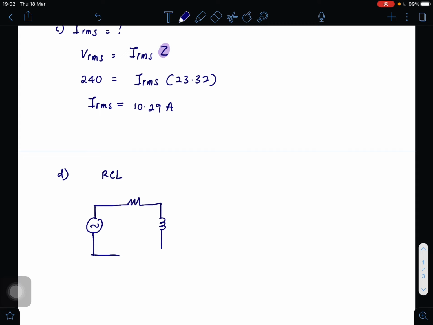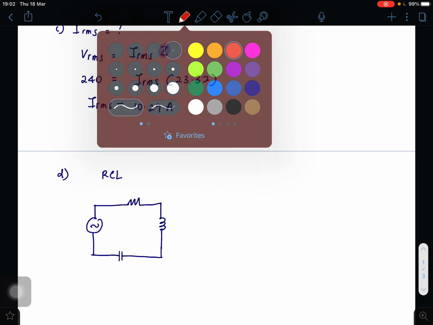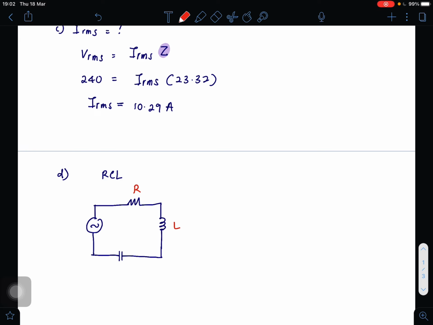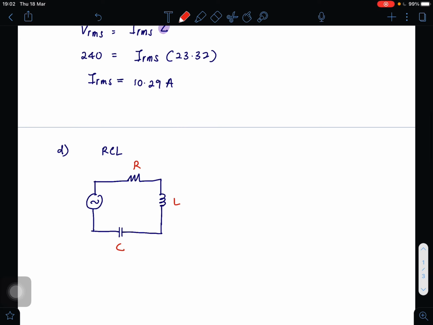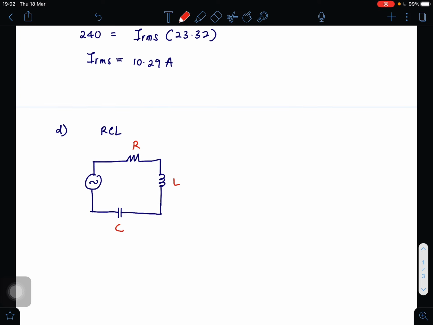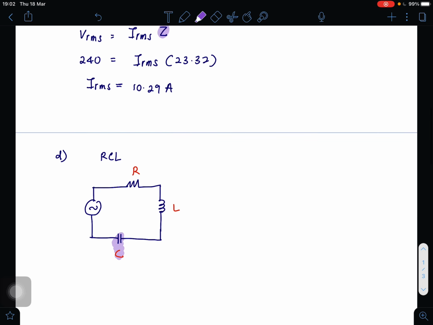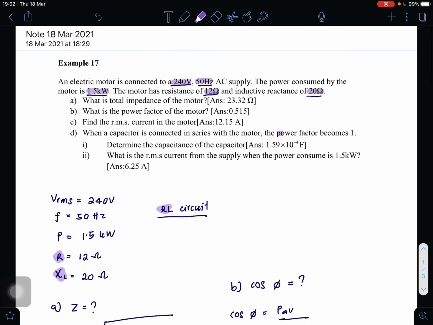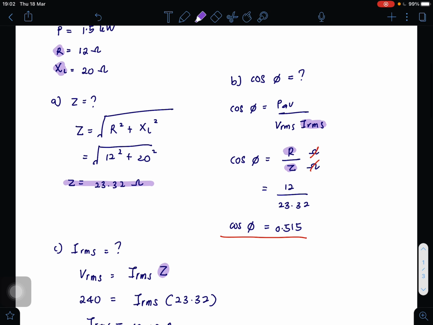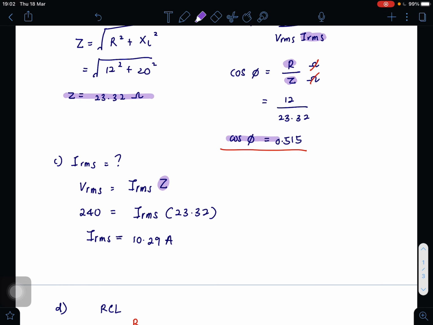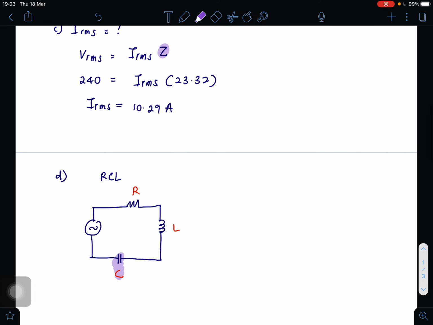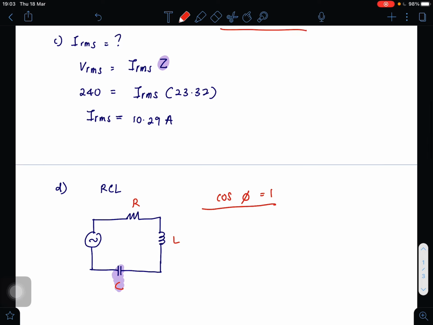And now kita connect dengan capacitor. And then dia cakap in series. So we have R, L and C. So now, bila connect dengan capacitor, power factor becomes 1. So, bila kita kira tadi, power factor adalah sama dengan 0.515. Now, the power factor is equal to 1.